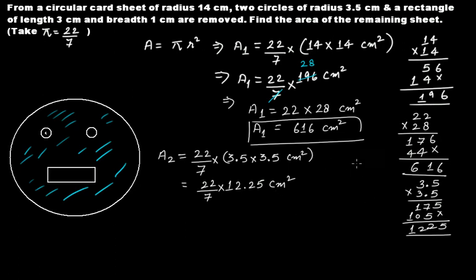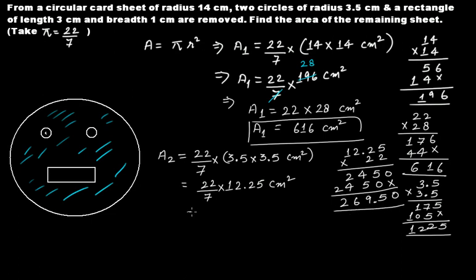Okay, now let's divide this one. First multiply 12.25 with 22, and you get 269.50 divided by 7 centimeter square.